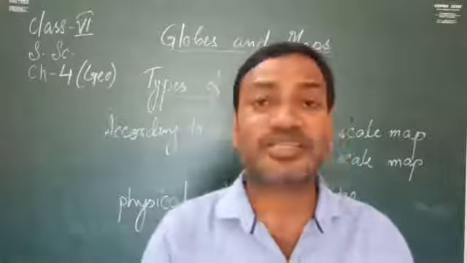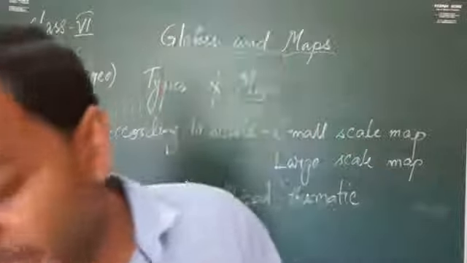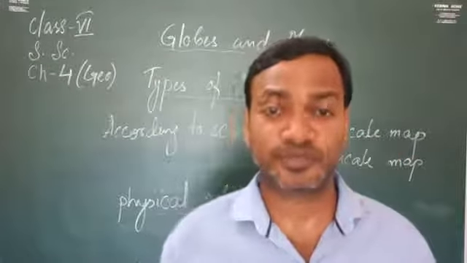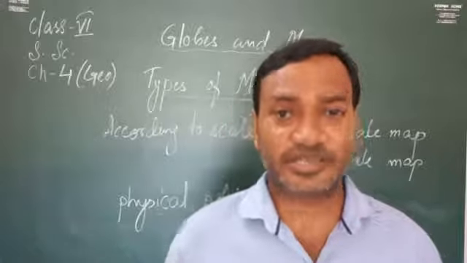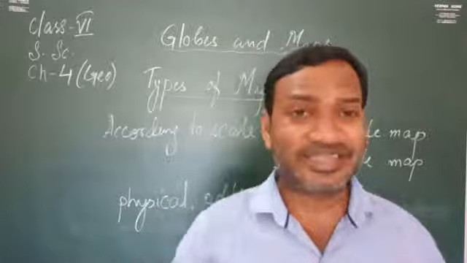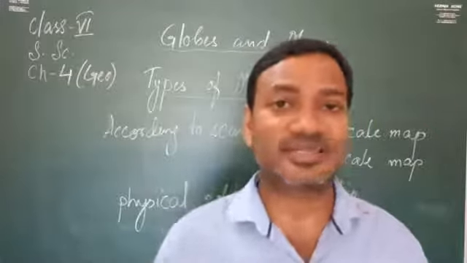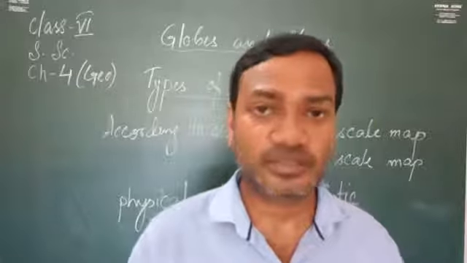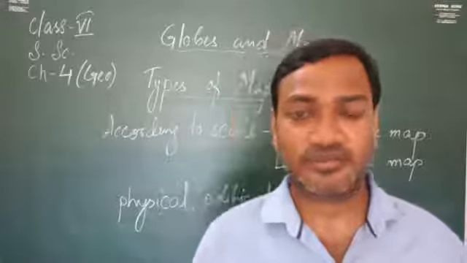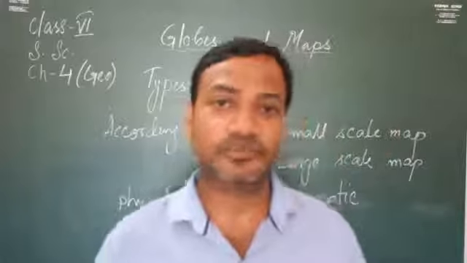In India we follow the metric system. It is called the metric system, which we follow to measure distance. In the metric system, long distances are measured in kilometers and short distances in meters.